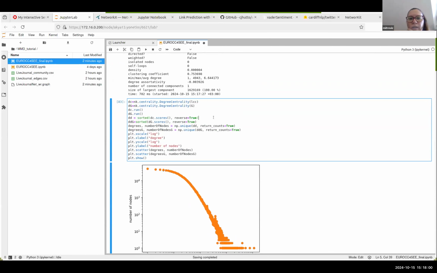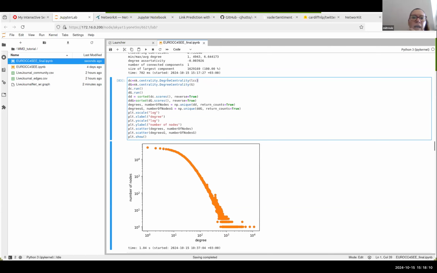What we can do here is use the largest connected component. We can also use our original network, and we can calculate the so-called degree centrality. This is basically a function that calculates the degrees of this network. We can calculate it both on the largest connected component and on our large network.